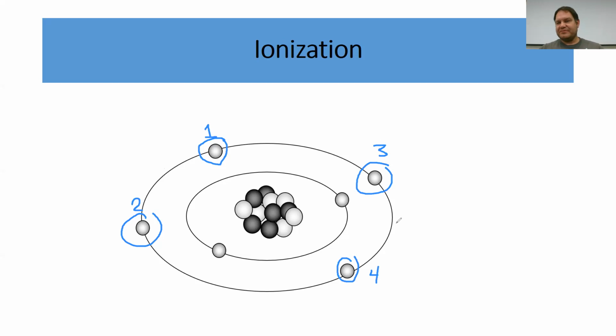And then once we've removed the outer electrons, those valence electrons, then we can work into the core electrons. So this might be our fifth ionization, and then finally our sixth ionization. All right. So essentially, with this particular atom we can have six ionization processes, starting with the valence shell first and working our way into the interior of the atom.